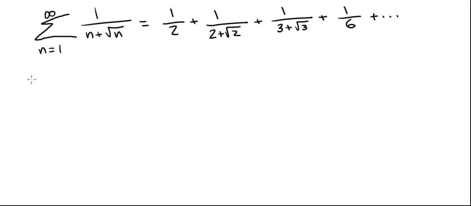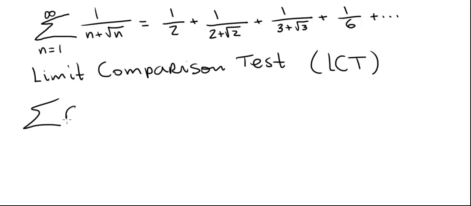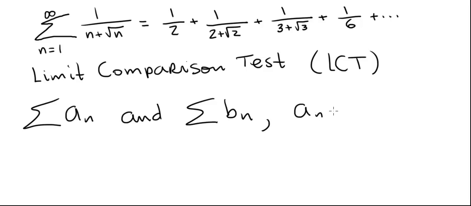Now, to determine if this series converges or diverges, we're going to use the limit comparison test, and I'll abbreviate it by LCT. Here's how it works. We'll have two series, the summation of A sub n and the summation of B sub n. The only restriction is that the terms A sub n and B sub n must be positive for all n.